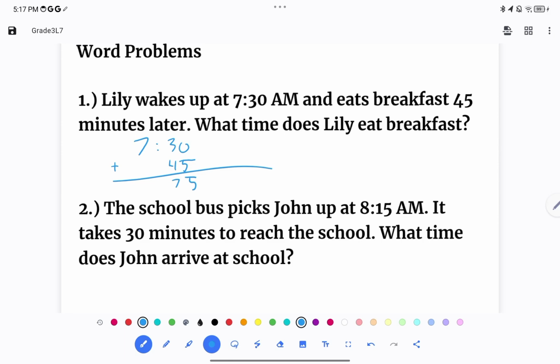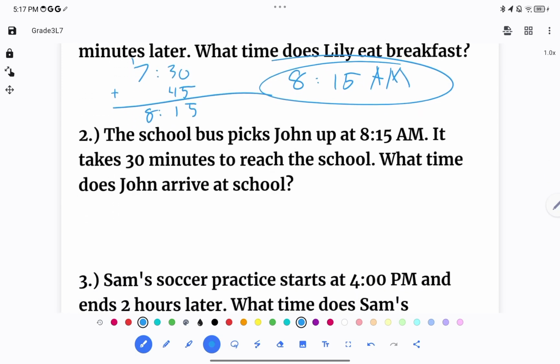That means you don't carry when it reaches 100, you carry when it reaches 60. So you take 60 from 75, which leaves 15, and you add 1 to the hour. So it's 8:15 a.m. That's when Lily eats breakfast.